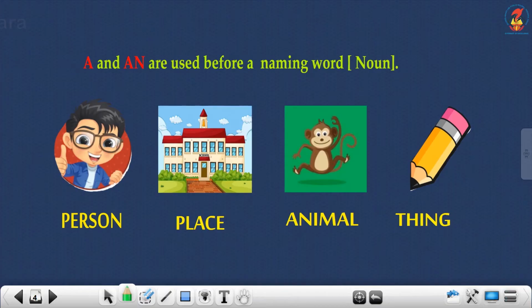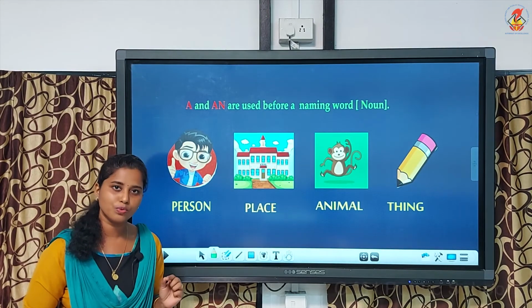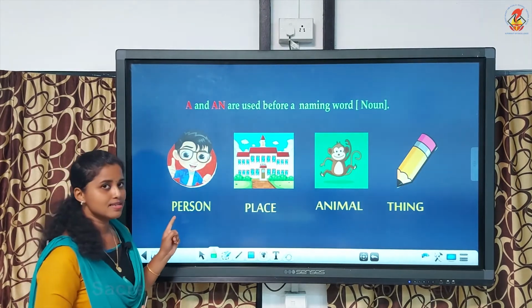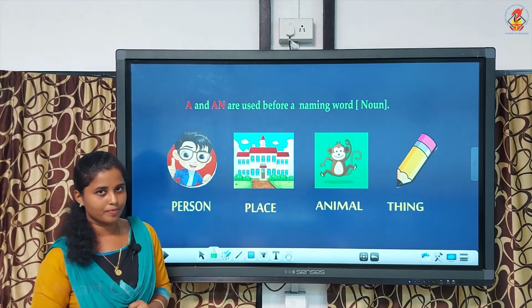Now as you can see here, a and an are used before a naming word or noun. That is, they can be used before a person, place, animal or thing.